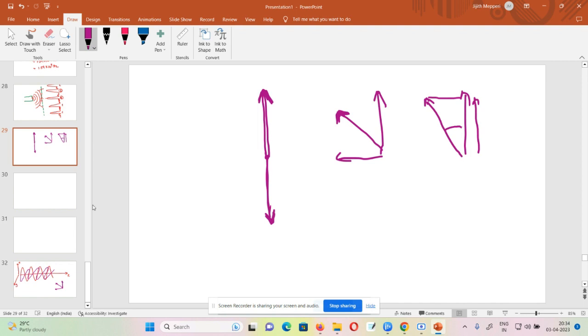That means in case of polarized beams, the intensity will never be zero and it will never have a maximum intensity.